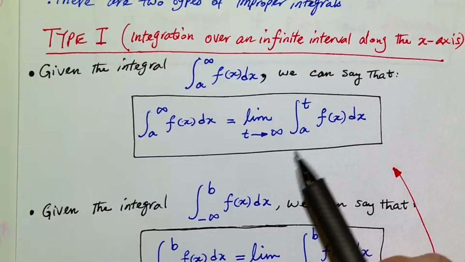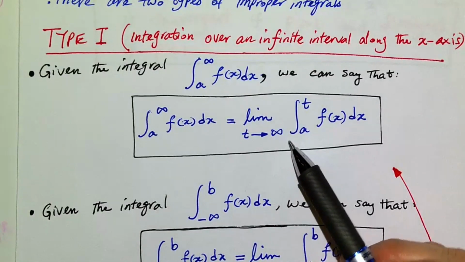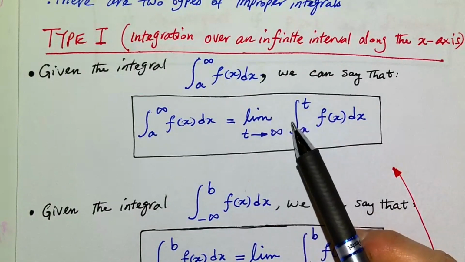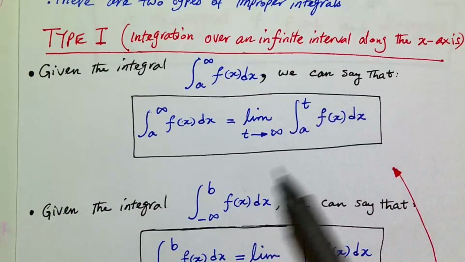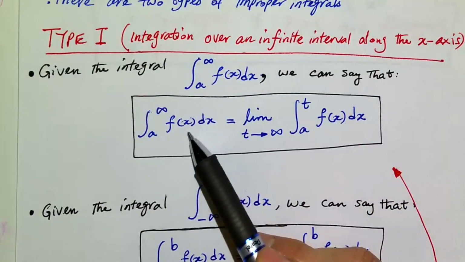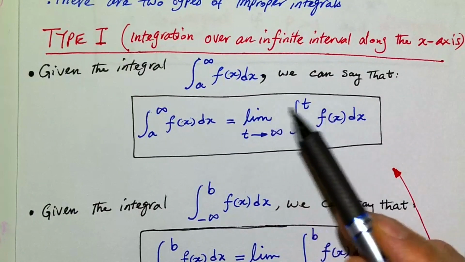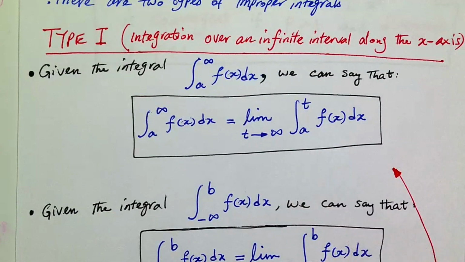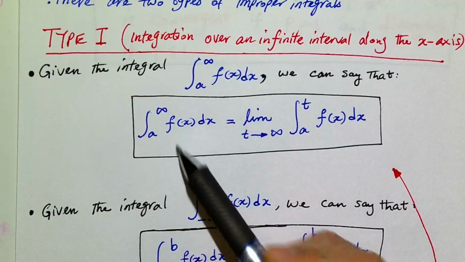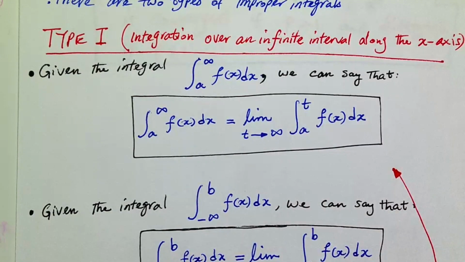Now, if this limit exists, we say that the initial integral is convergent. If this limit does not exist, we say that the original integral is divergent.